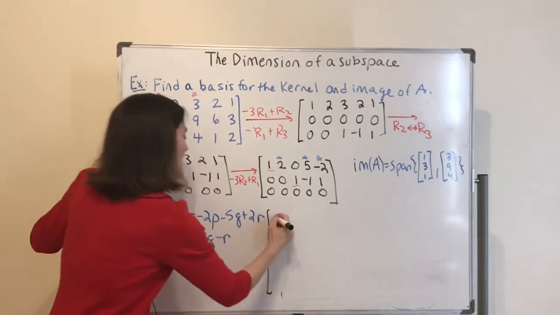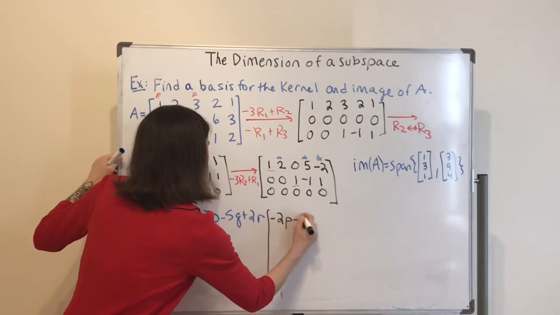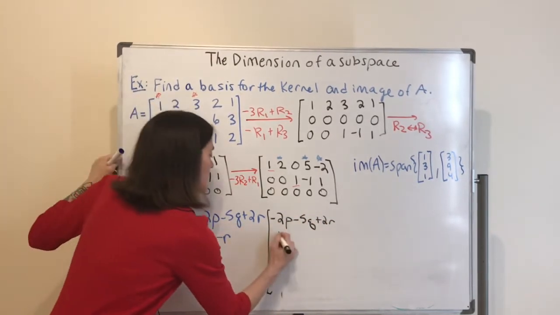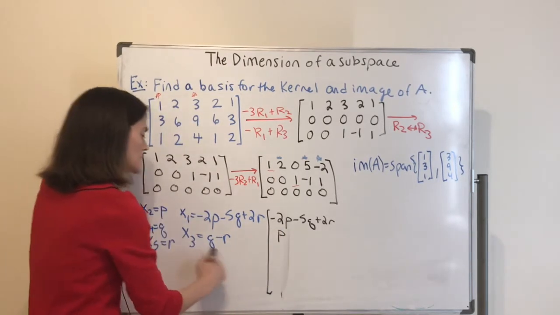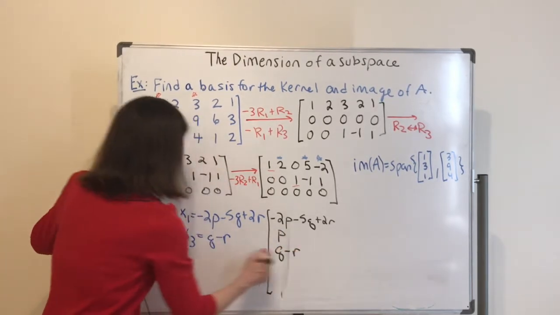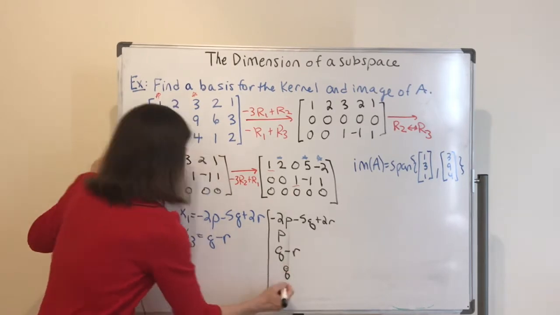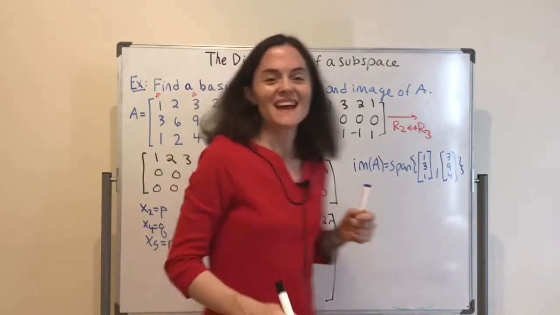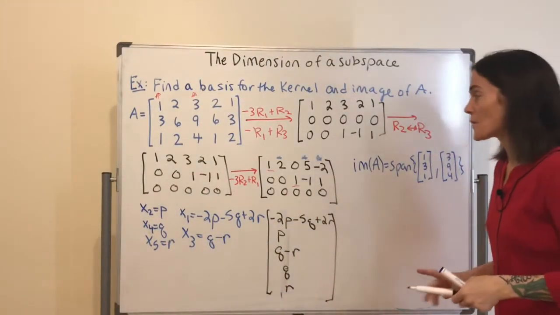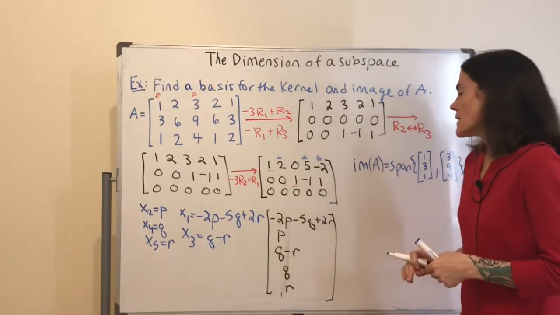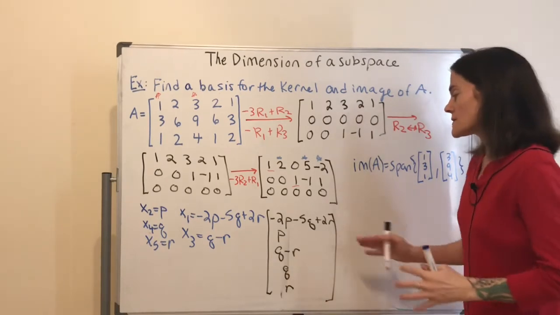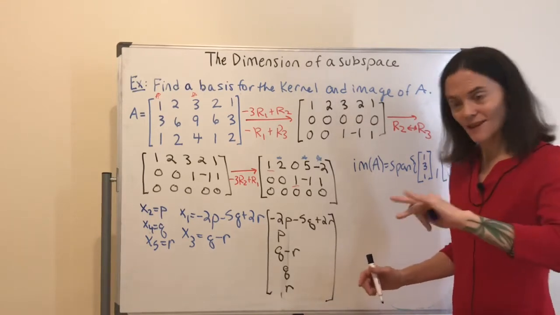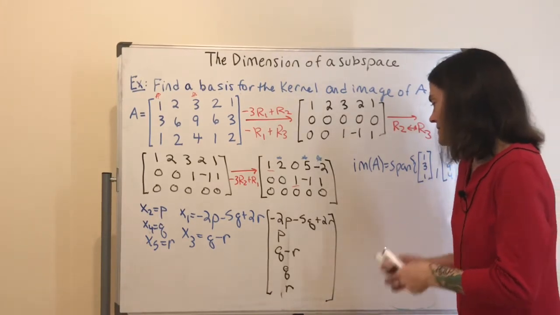Well, I have minus 2p minus 5q plus 2r, and then x2 is p, x3 is q minus r, x4 is q, and x5 is r. Okay, well, I'm still not finished. I want a basis. So what I do is I just break this into 3 vectors based on p, q, and r. So let's do that next.